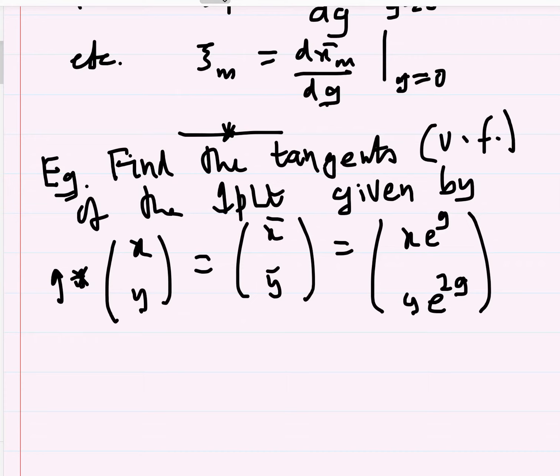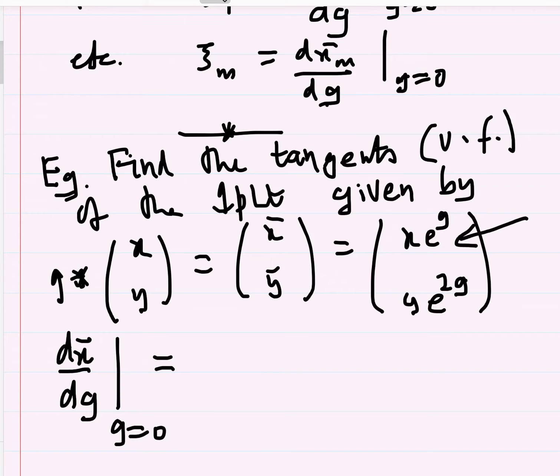Now let's take the derivative of the first coordinate. I'm not calling it x1, I'm calling it x. Differentiate the first coordinate with respect to the parameter and then evaluate that at g equal to 0. If you differentiate x bar with respect to g, you get x e to the g, and put g equal to 0. This is equal to x.